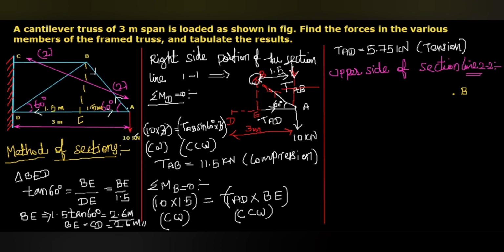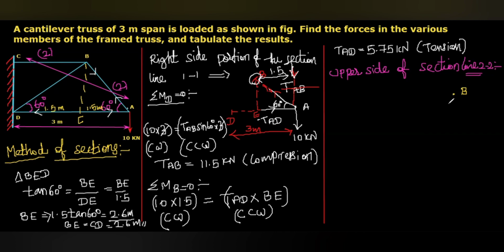The point loads which are outside the considered portion, we don't consider in the moment calculation. Then the forces in the members which are cut by the section line, we have to consider: BC, BD, and BA or AB. But BA or AB we already calculated. BC and BD, these only we are going to calculate.